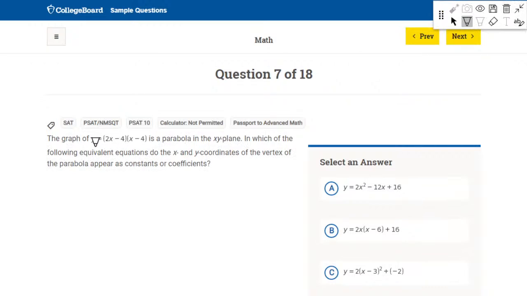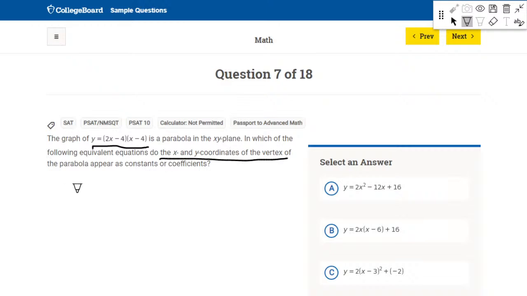The graph of y equals 2 multiplied by x minus 4 multiplied by x minus 4 is a parabola in the xy plane. In which of the following equivalent equations do the x and y coordinates of the vertex of the parabola appear as coordinates or coefficients? So it's a very wordy question, but what they really ask us is to write this function in such a form that we will get the x and y coordinates of the vertex.